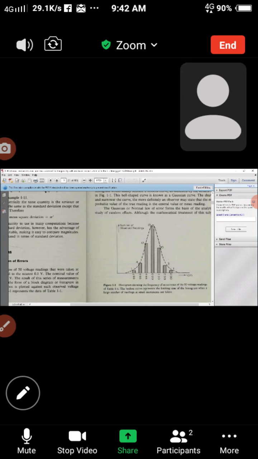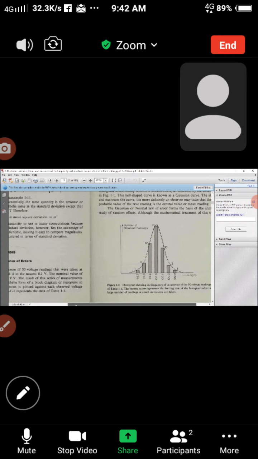So probability of higher error has reduced, and plus or minus 0.3 volt has occurred once. So number of observed readings are 19, 12, 4 and 1 on minus side, and 19, 10, 3 and 1 on the other side. This is the probability of errors.